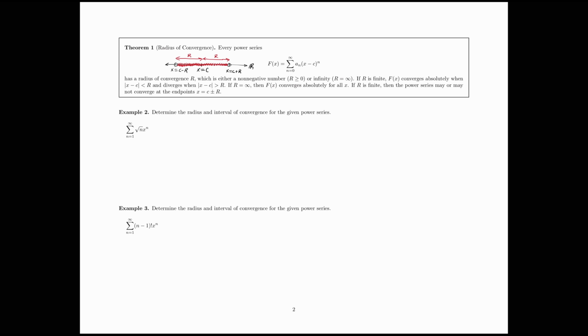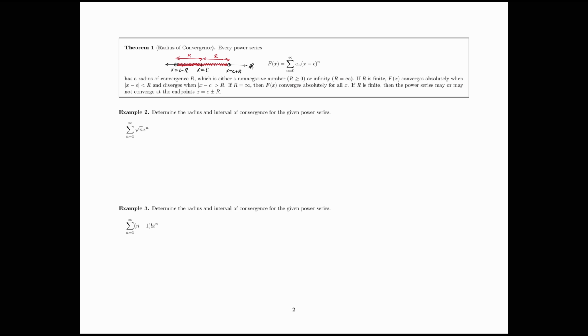Now, what actually happens at the endpoints? Do we actually have convergence of the power series when x is equal to c minus R? And do we have convergence when x is equal to c plus R? That will depend. That has to be checked manually. But you definitely have convergence everywhere on the interior here.